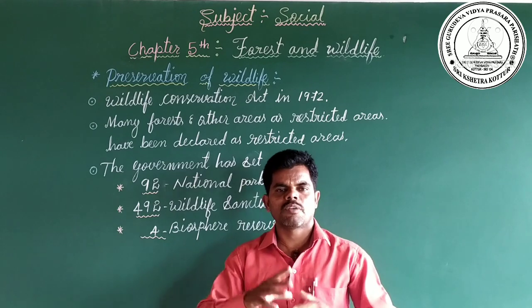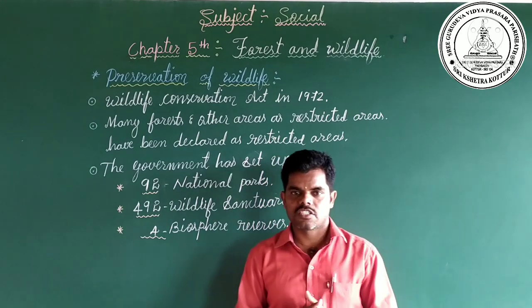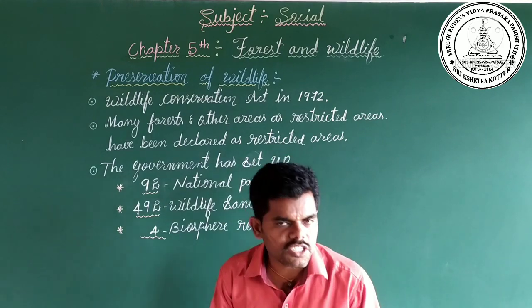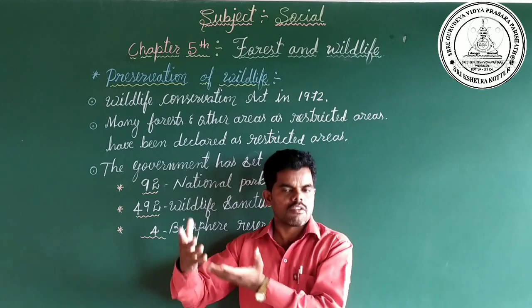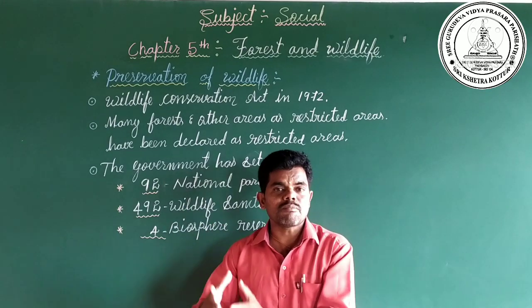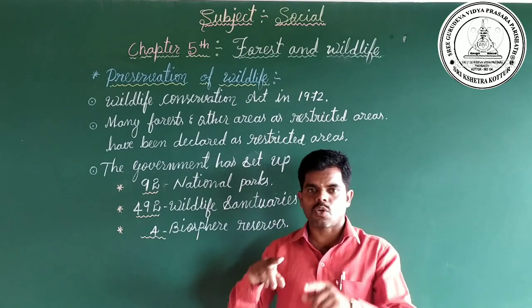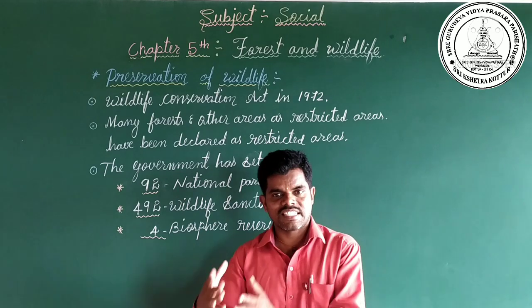I think you might have got a doubt: what is the meaning of wildlife sanctuaries? A wildlife sanctuary is an area where birds or wild animals are kept or protected from illegal hunting. That restricted area we call a wildlife sanctuary.